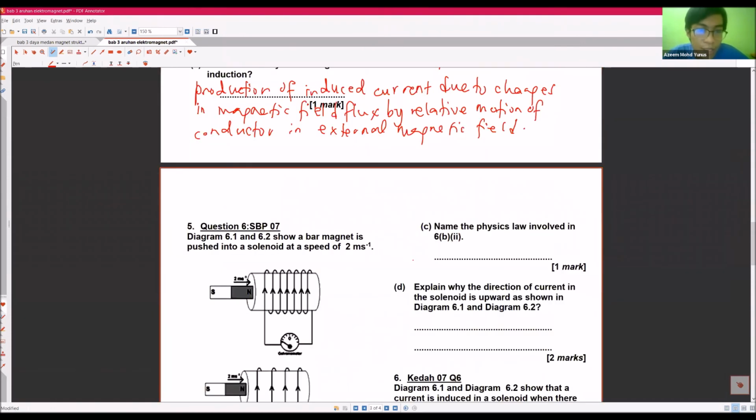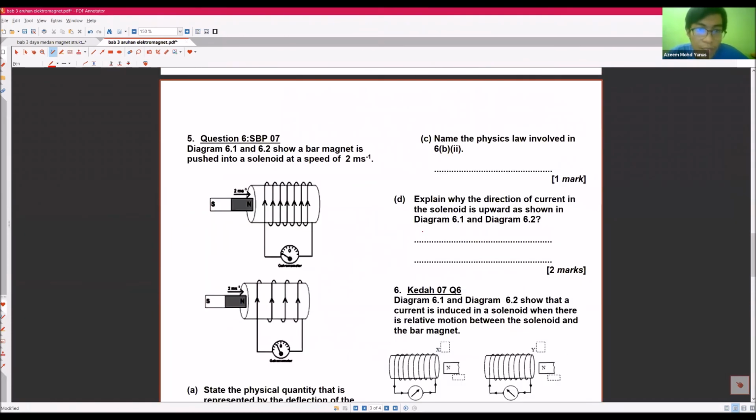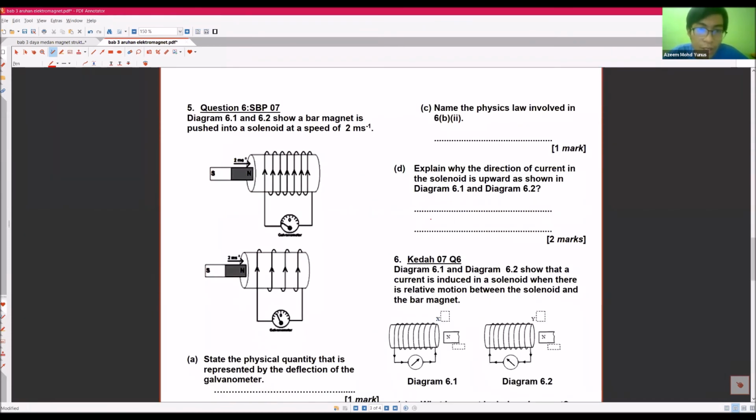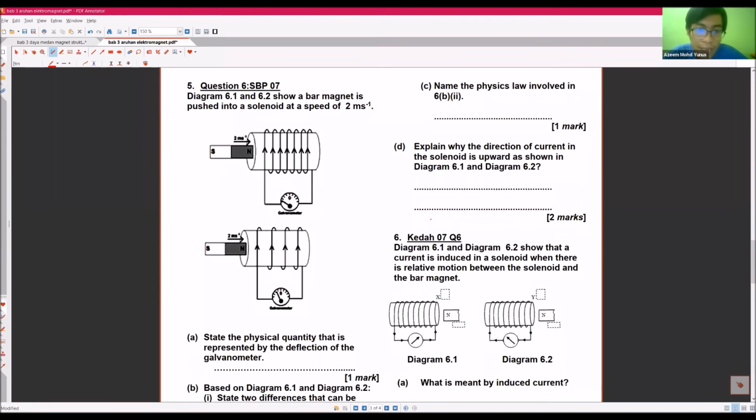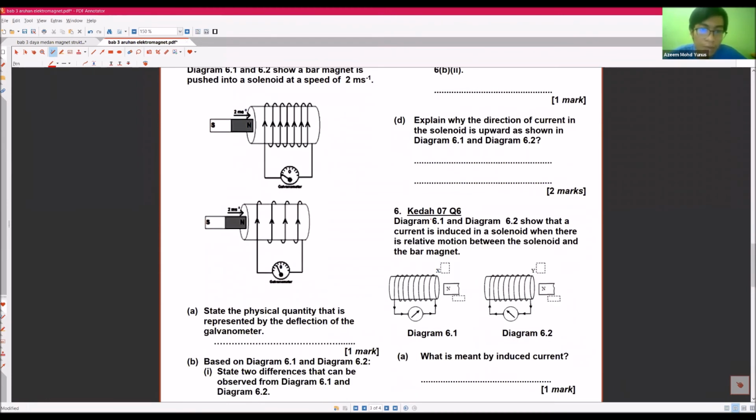Diagram 6.1 and 6.2 show a bar magnet is pushed into a solenoid at a speed of 2 meters per second. State the physical quantity that is represented by the galvanometer. Induced current. It measures induced current.